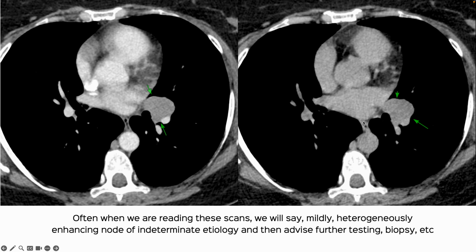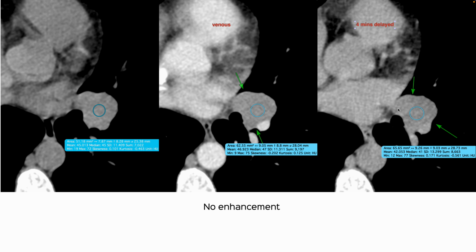So that's the contrast study that we did. Typically, if you were to look at the contrast study, you'd eyeball it and say that there's a subtle heterogeneously enhancing lesion in the left hilum, and then you wouldn't know what to do with it. But if you go back to first principles and look at the plain scan and then the contrast studies, and take the effort to measure the Hounsfield values, you'll realize there's no enhancement at all.